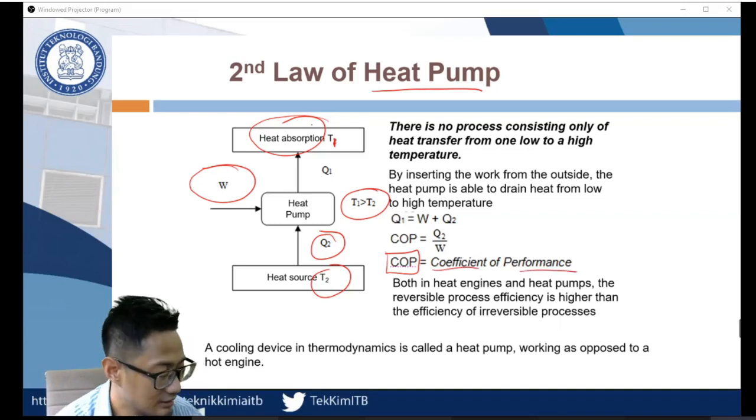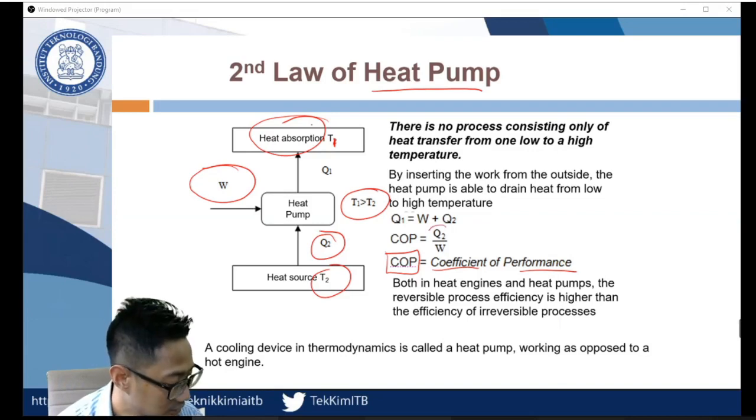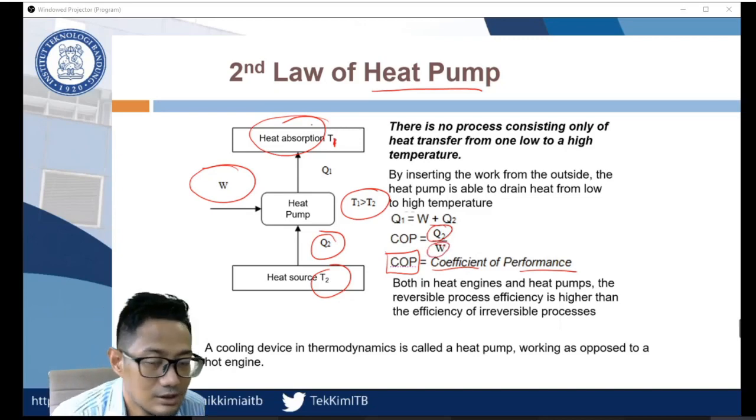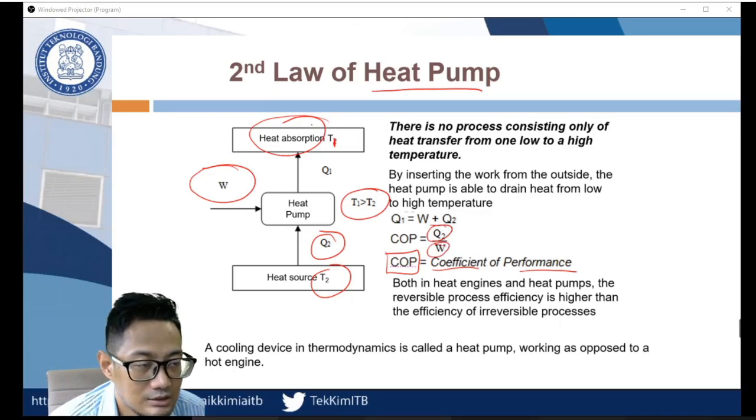If you see here, the coefficient of performance is the heat that is transferred by the heat pump, Q2, divided by the work in. So it is possible to have a COP that is higher than 1.0, higher than 100%.